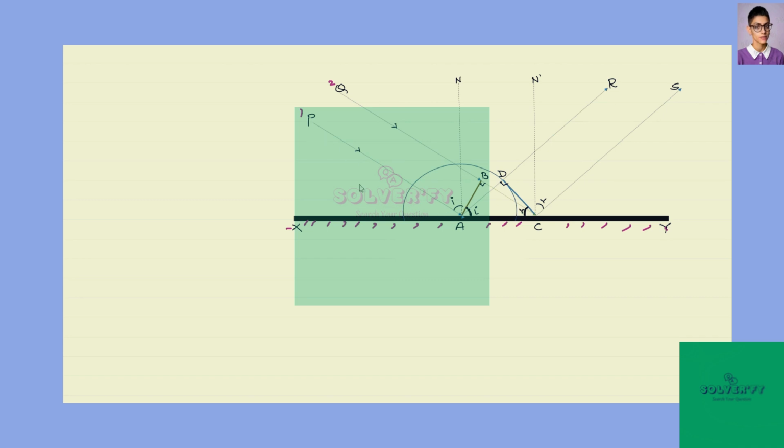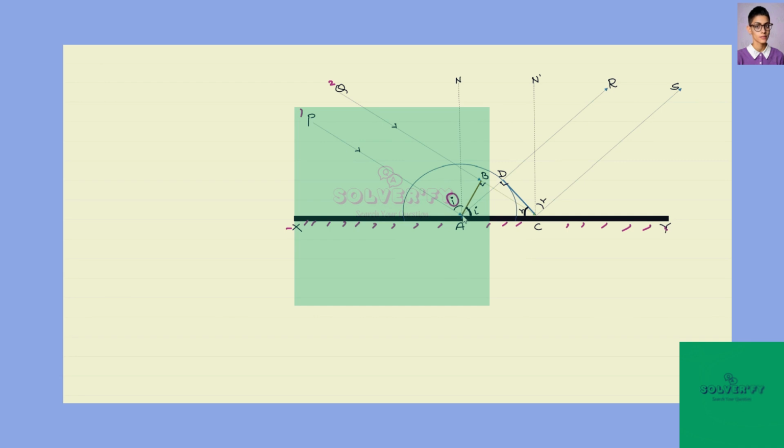As shown in this figure, PA and QC are the two incident rays. At the point where the first ray P gets incident on the reflecting surface at point A, if I draw a normal N, then the angle made by this incident ray with the normal is known as the angle of incidence.